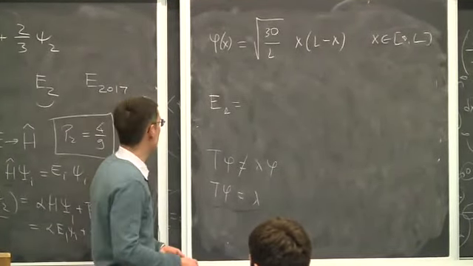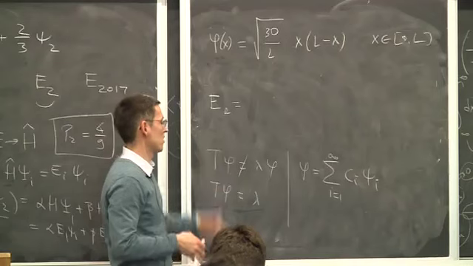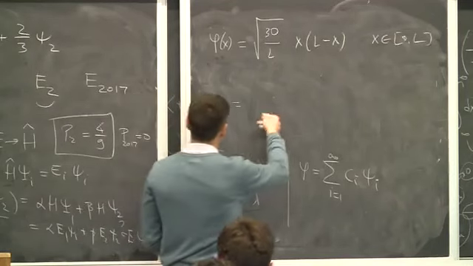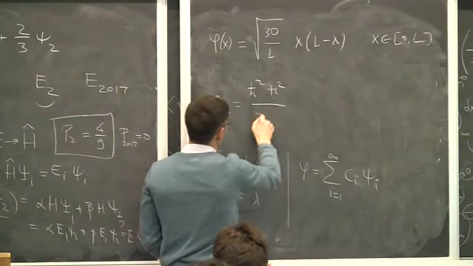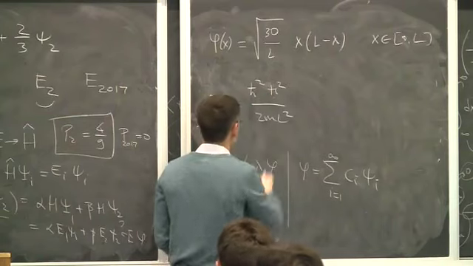And the question here is, if we do the measurement of this function, what will be the probability of getting the first eigenenergy, which is h squared pi squared divided by 2 m L squared, right? So this value.